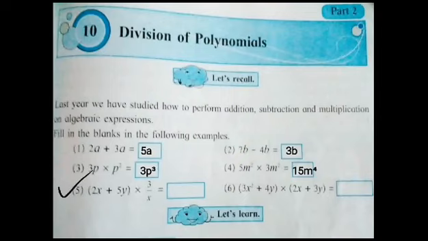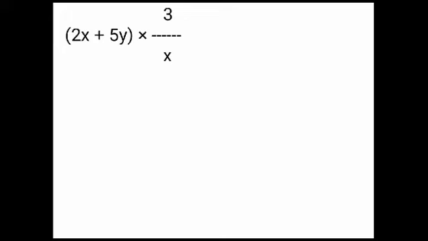Next, (2x plus 5y) in bracket into 3 upon x. You have the formula for this sum. Write this question again: (2x plus 5y) into 3 upon x. The formula is a into (b plus c).